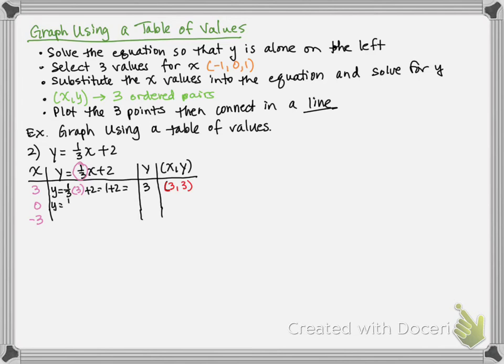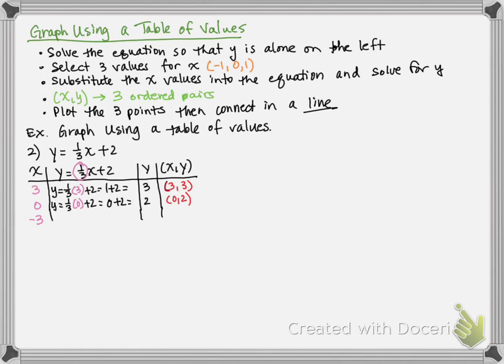This time we're going to substitute in, sorry, it's supposed to be a 0 for the x. So I get 0 plus 2 equals 2. So the ordered pair I'm going to graph is 0, 2. Now that would be considered the Y-intercept because I ended up with 0 for my x coordinate.